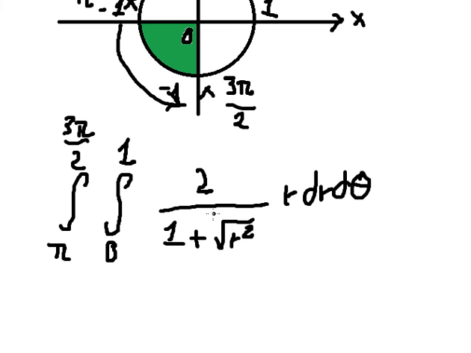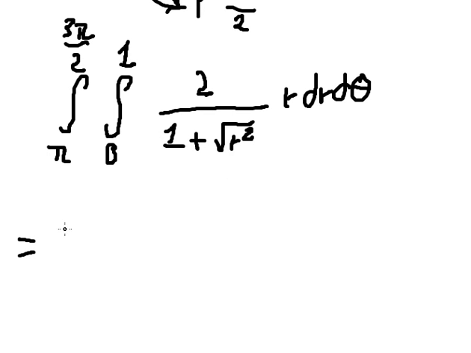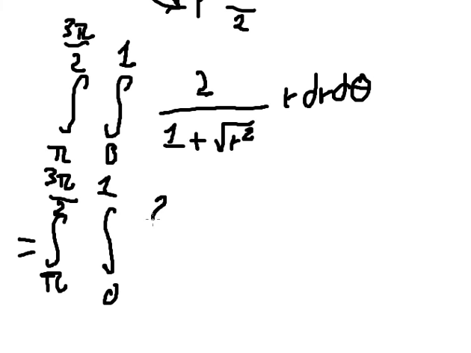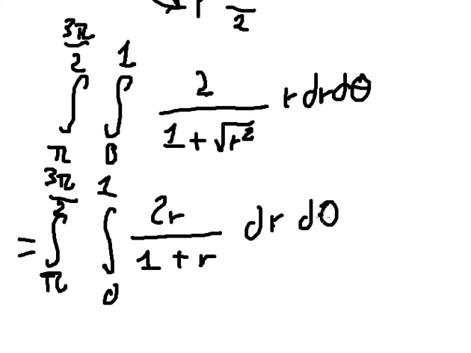And now we need to calculate this one. So we simplify and we have 2r over 1 plus r dr d theta. So I will put positive 2. That means we need to minus 2 here.